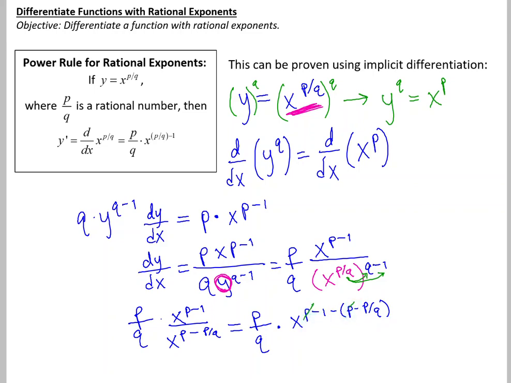Notice p minus p is gone, and the negative of negative p over q, we're left with x to the positive p over q minus 1. And that's exactly what our power rule shows us. Isn't that neat?